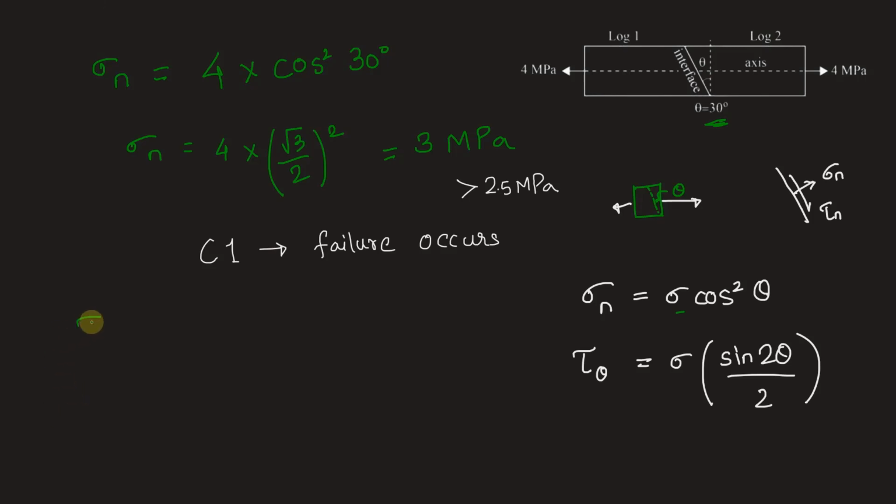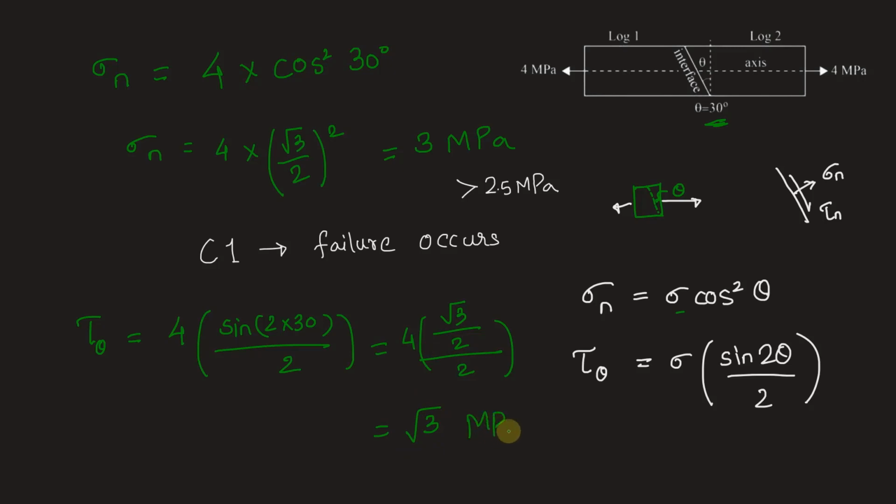So let's calculate the maximum shear stress tau theta. It will be equal to 4 into sine 2 theta by 2, that is sine 2 into 30 by 2, which is equal to 4 into sine 60 degrees, again root 3 by 2. So it is root 3 by 2 whole divided by 2. This again turns out to be 4 by 4 is 1 and root 3 remains.